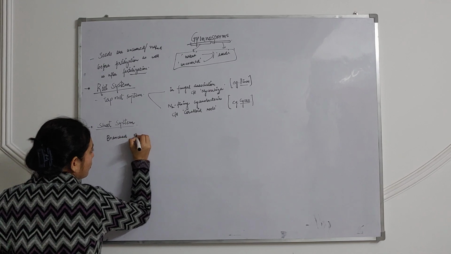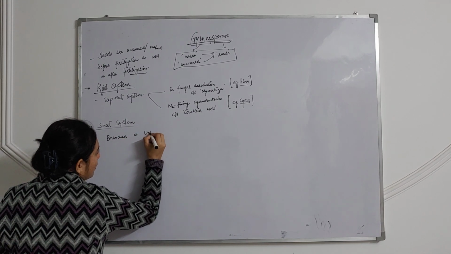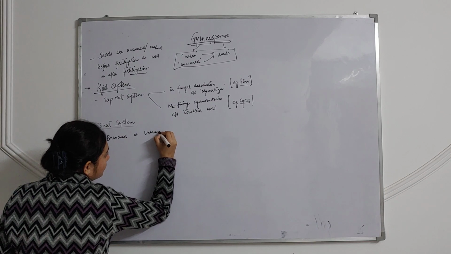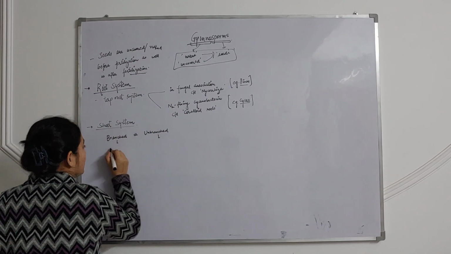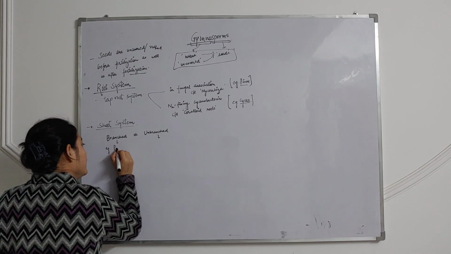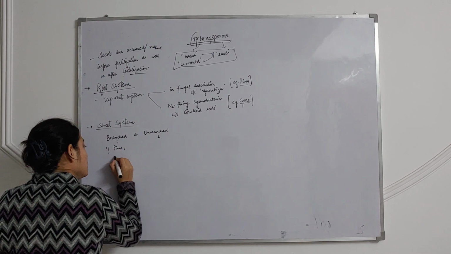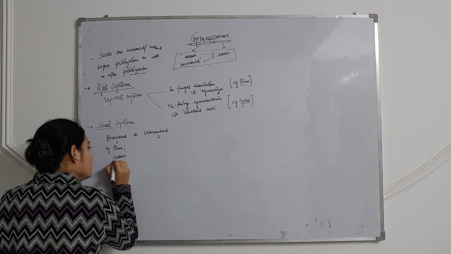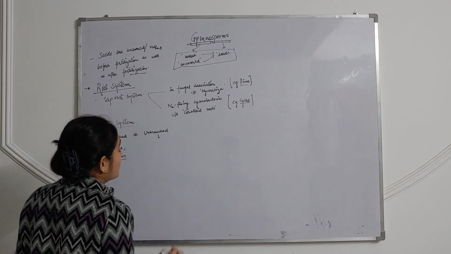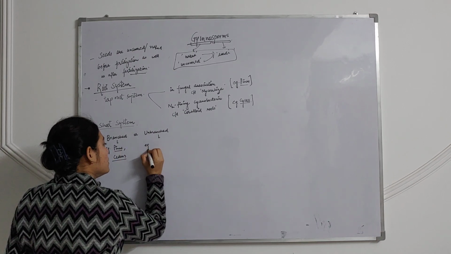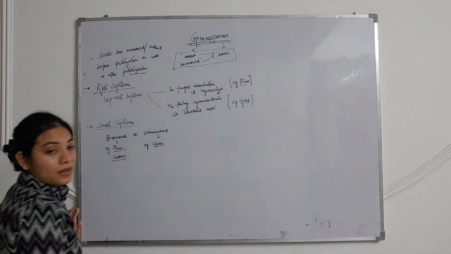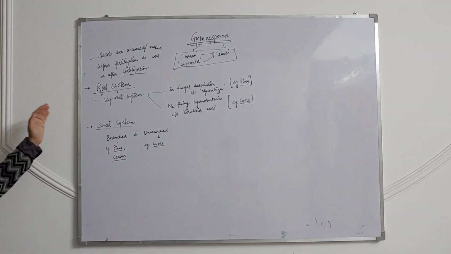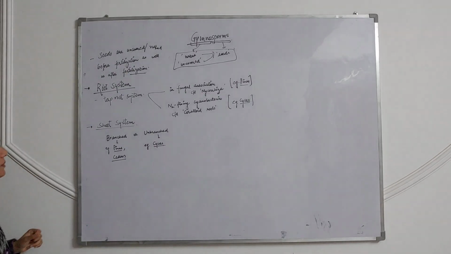Branched shoots are seen in Pinus and Cedrus, and the unbranched shoot system is seen in Cycas. I hope these are getting clear step by step.